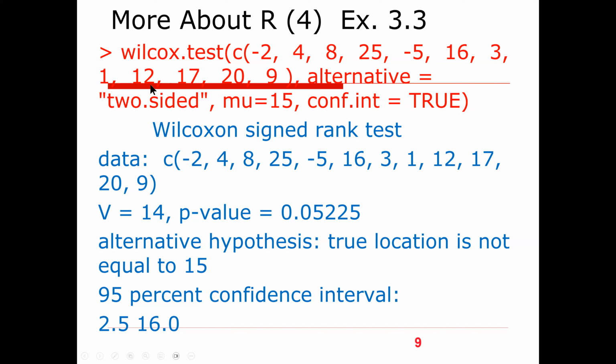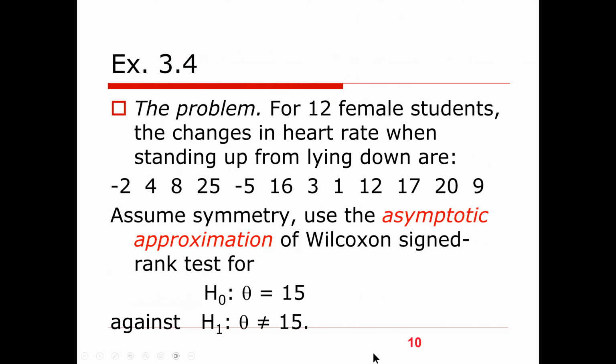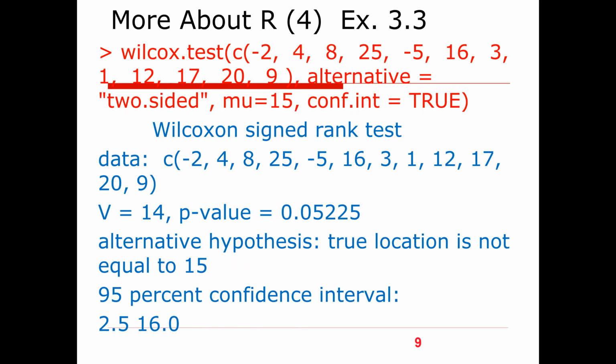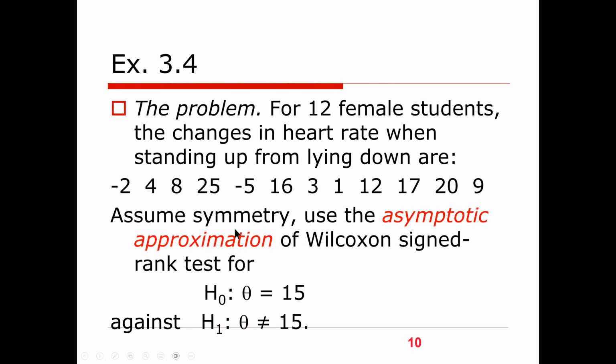So anyway, using wilcox.test, it also gives us this result. We can actually test the value of the median as well as get the confidence interval all at once. All right, before, we just used the exact p-value, right? And then let's look at example 3.4 to get an asymptotic approximation.